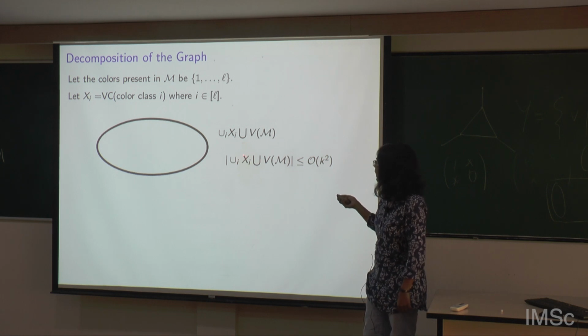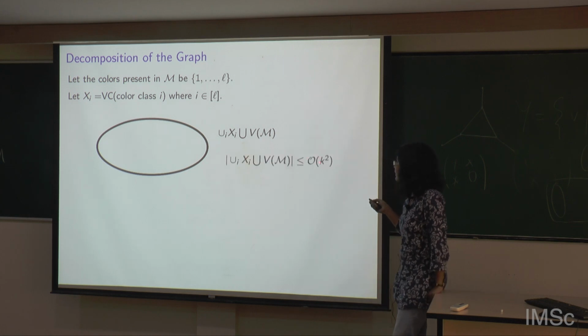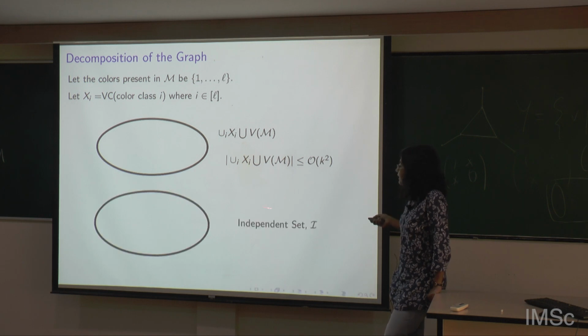so I'll be bounding this thing by order k squared. We'll discuss why this is bounded by k in the next reduction rule. So we'll be bounding this by k squared, and then the remaining part is the independent set. So what remains is to bound this independent set.